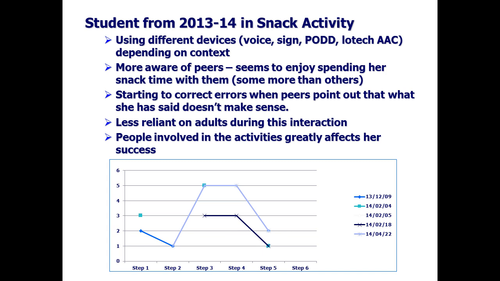She would also correct some of the things that she said based upon what peers said to her. She was less reliant on adults, which is a great outcome. And you also found that adults changed their interactions based upon her strategies and her outcomes. So those are some great things that can come out of different data collection strategies.